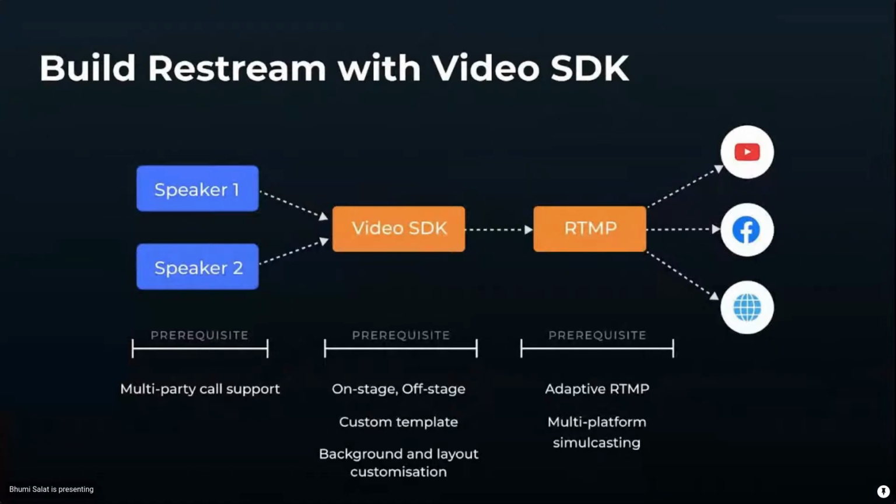Or in RTMP, there is adaptive RTMP, so you can receive your RTMP streaming and then send it to other devices in multiple resolutions like 720p, 180p, etc. And with multi-platform simulcasting, you can go live on multiple platforms at a single time.